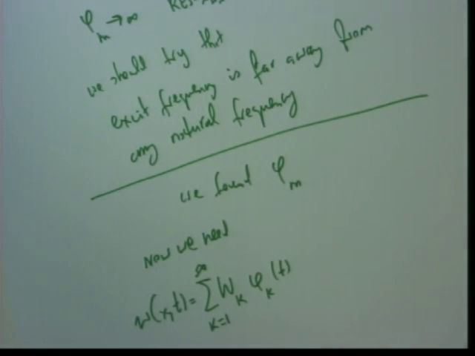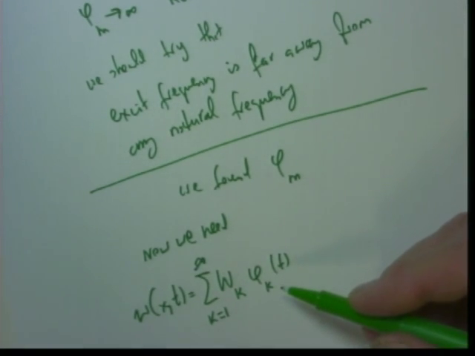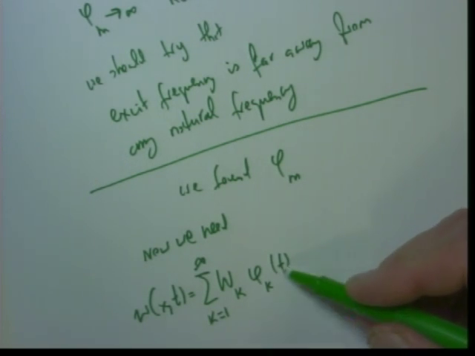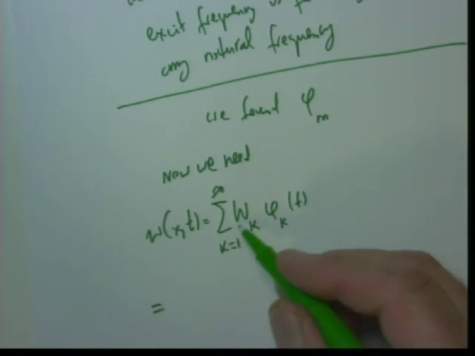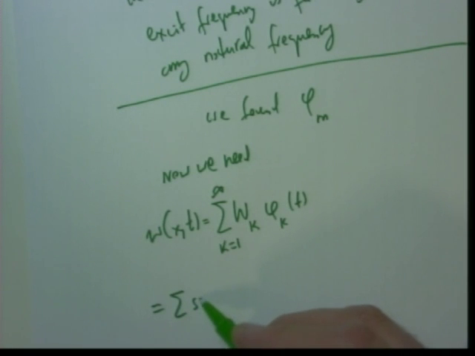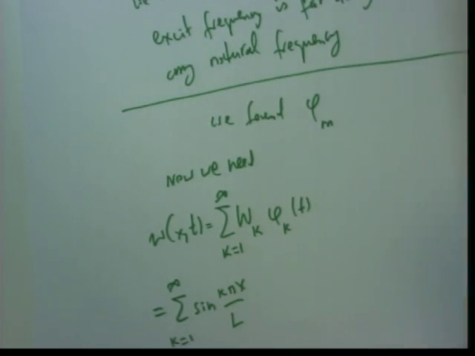So I found phi sub m, but m is fixed. Therefore, for phi k, I can substitute that expression that I found, because phi k is just any k. So this equals sine(k pi x over L), k from 1 to infinity. And then I substitute the whole expression for phi k.